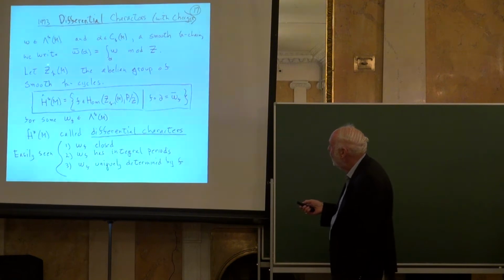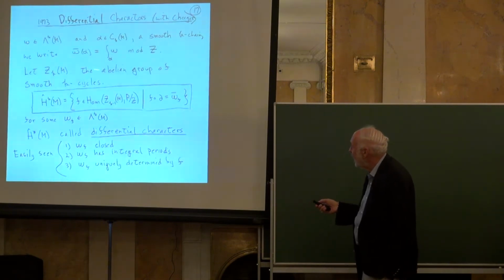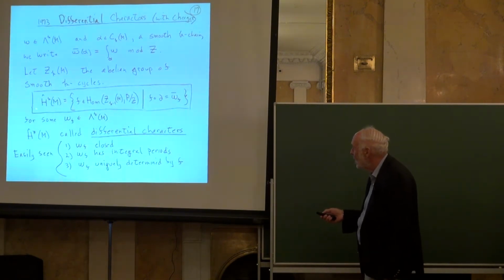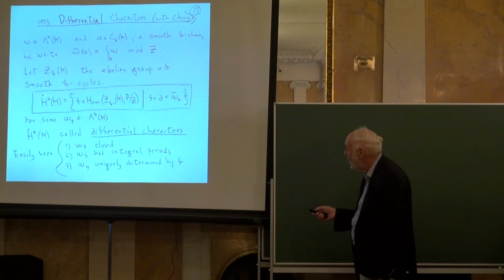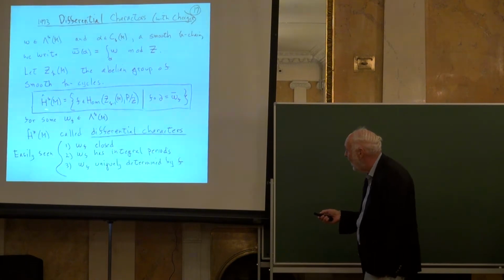So now we're going to define an abelian group. Z_k is the abelian group of smooth k-cycles, and we define H hat upper k of M. It looks almost like cohomology except it has this hat on it.